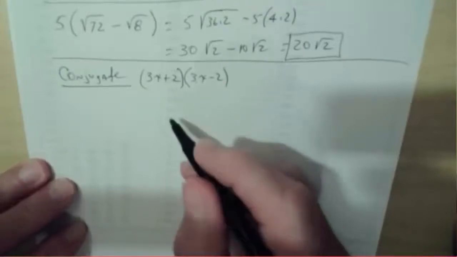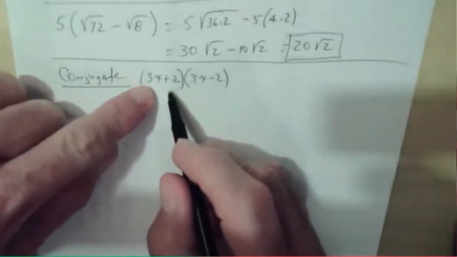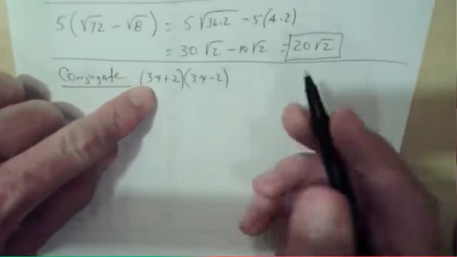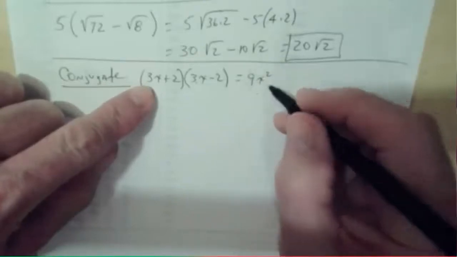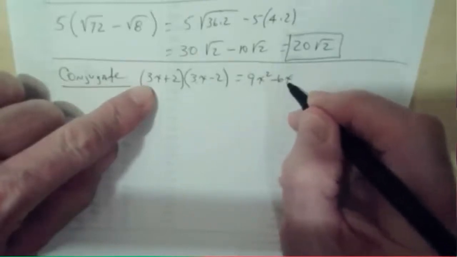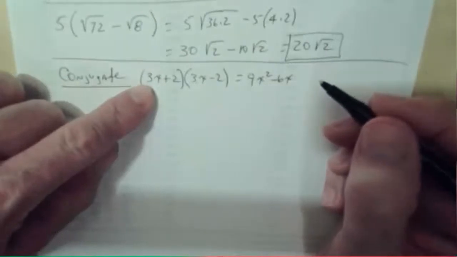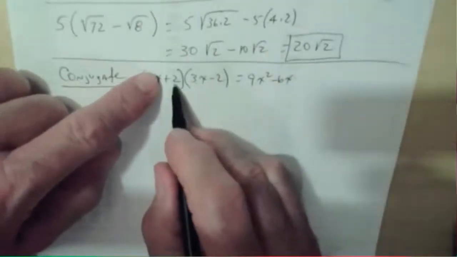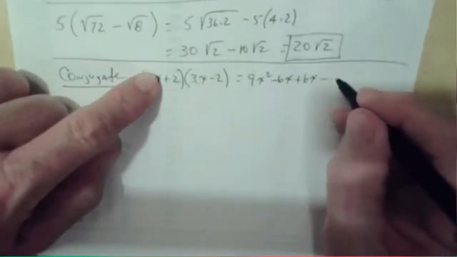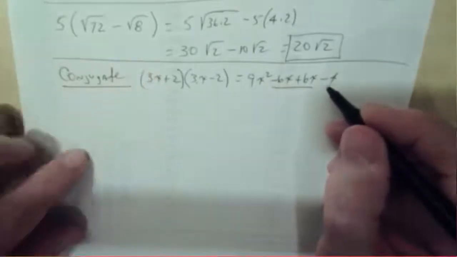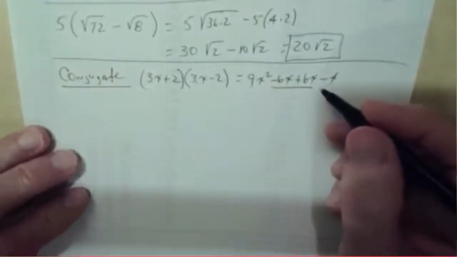So first of all, we take 3x times everything over here, and that gives us 9x squared minus 6x. Is that right? Yeah. Now we do the same thing with the 2. 2 times 3x is plus 6x. 2 times negative 2 is negative 4. See, the linear terms, the middle terms get eliminated.